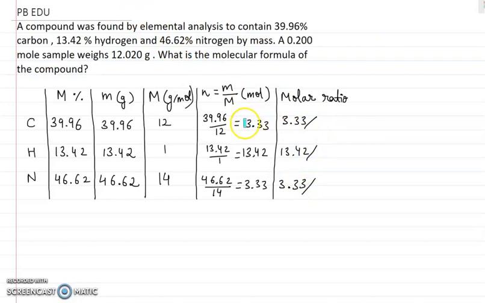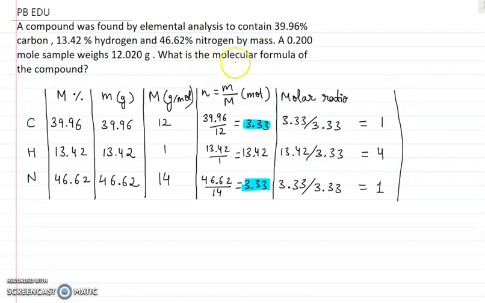So here the lowest number of moles is 3.33 for both carbon and nitrogen. So we have to divide all the number of moles by the lowest number of moles, that is 3.33. So it comes out to be 1, 4 and 1. So we have the whole number ratio.